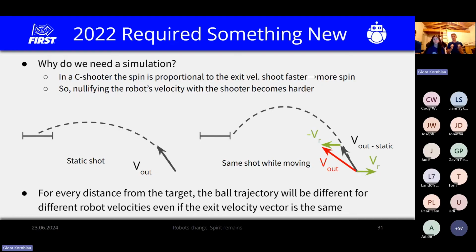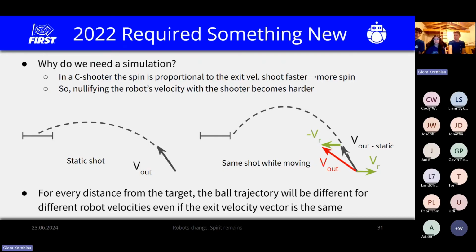Why? Because, as we'll see in a moment, there are forces that arise from spin that cause the trajectory to change from the static trajectory. So for every distance from the target and each velocity, you get a different ball trajectory. This is unlike the case without spin, where for each distance there will be one velocity and angle. So that's the difference.